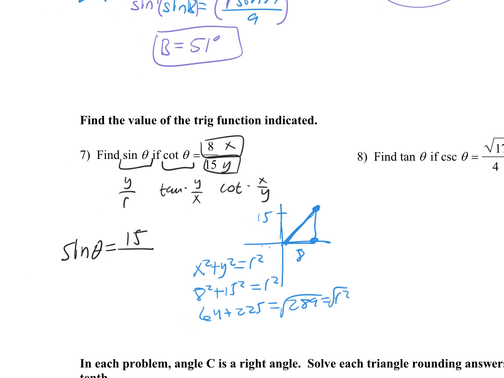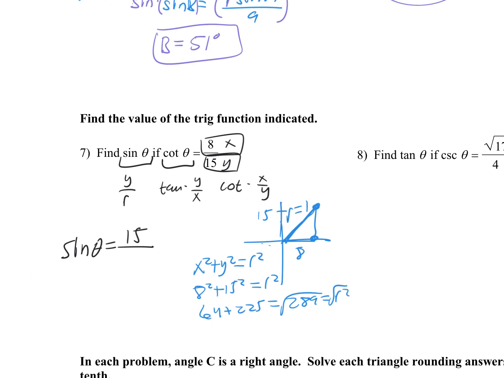Then we can square root both sides, and we should get r is 17. So that would make sine y over r, which is 15 over 17. And that's all I have to do there. I don't need to find all 6 trig values in this one. I can just leave it alone.